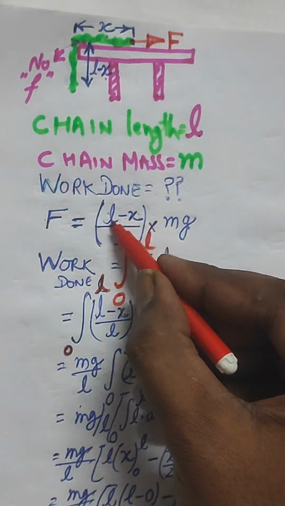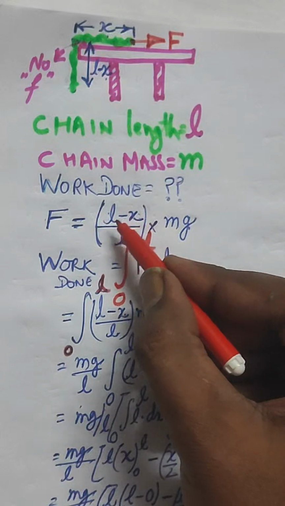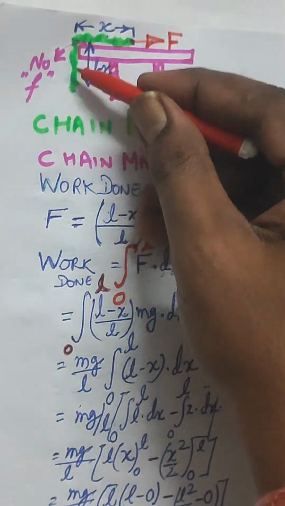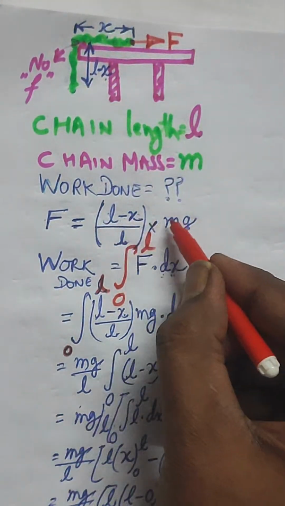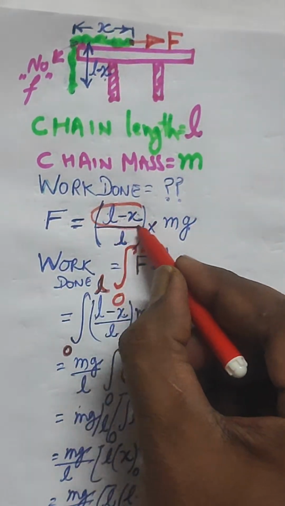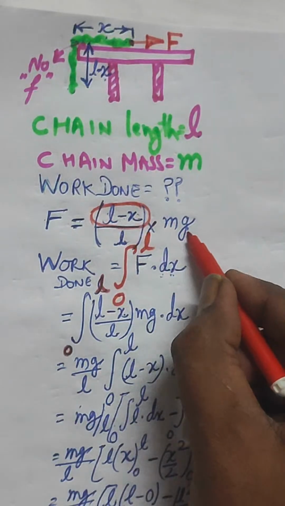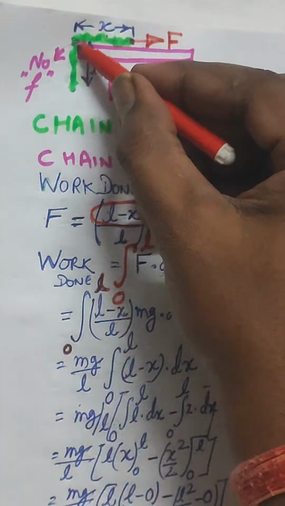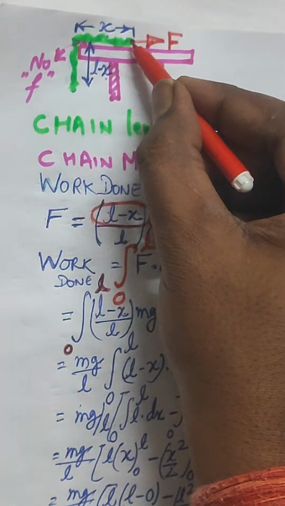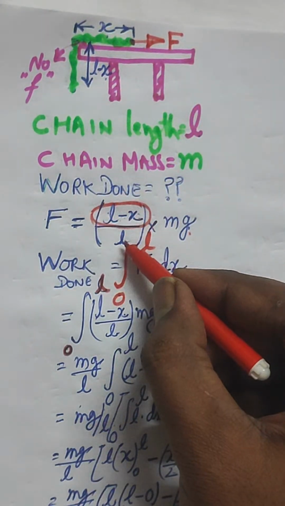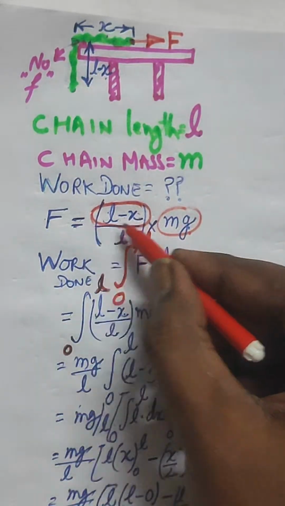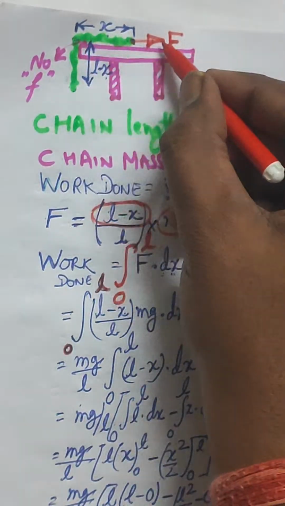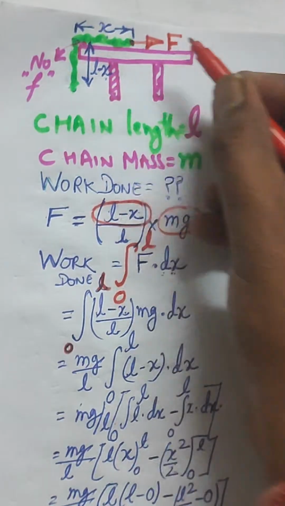So here you can see L minus x is the length of the chain hanging downward, which is the deciding factor of the weight of the chain. x is lying on the table, so (L minus x) by L is the ratio multiplied with the total weight. This will give you the weight, which is equal to F, right?